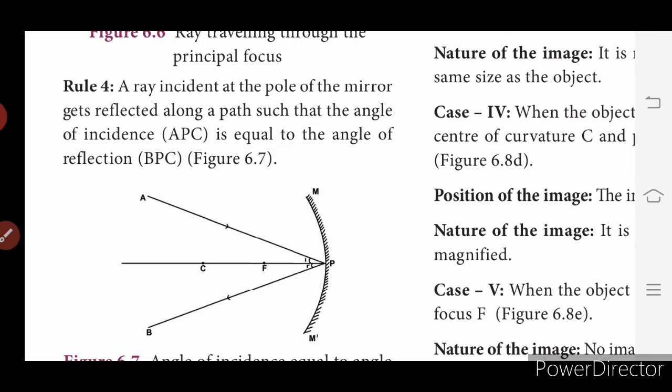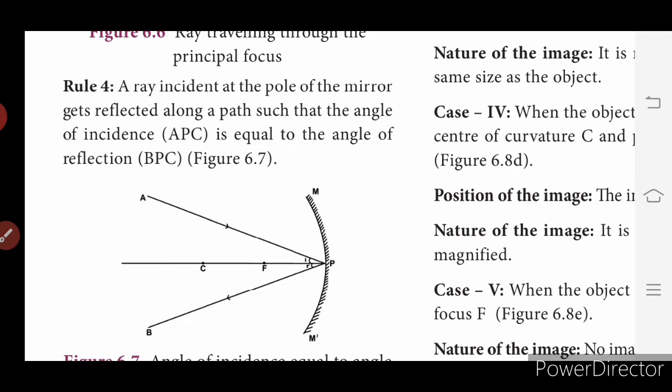And the fourth rule: when the ray is incident on the pole of the mirror, it gets reflected and the angle will be the same. Angle of incidence will be equal to angle of reflection. So these are the 4 rules to draw the ray diagram on a concave mirror.